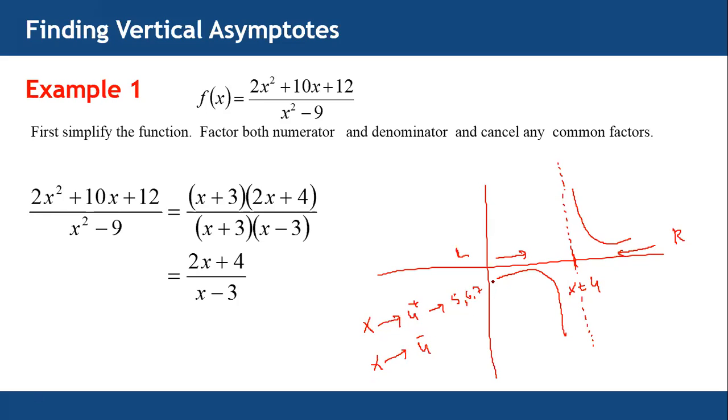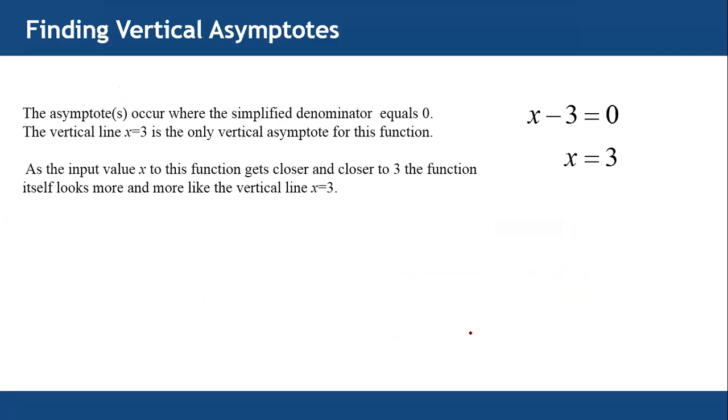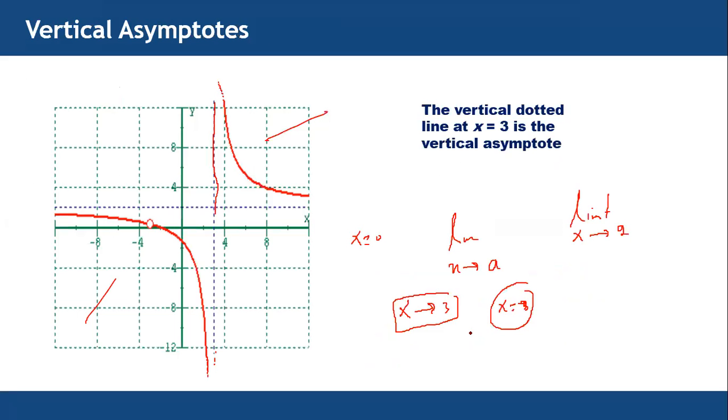Minus means the graph is approaching 4 from lower values, like from 3, from 2, or from 1. x takarubba positive 4 or x takarubba minus 4.